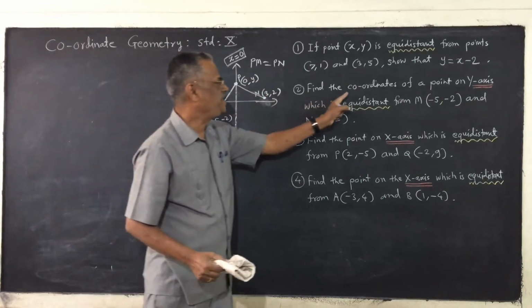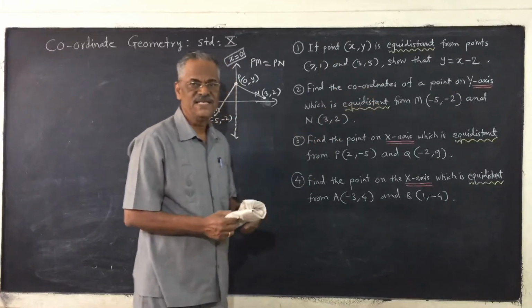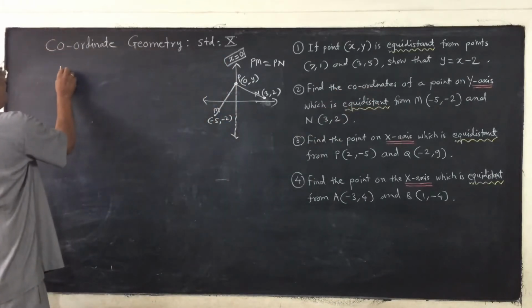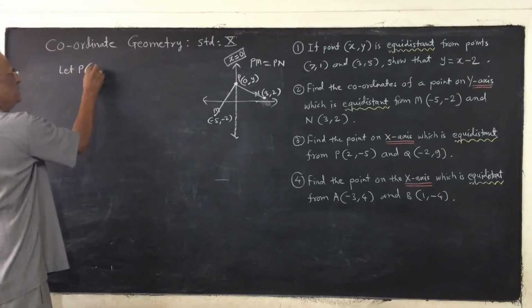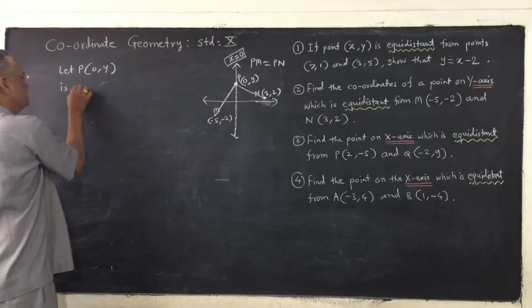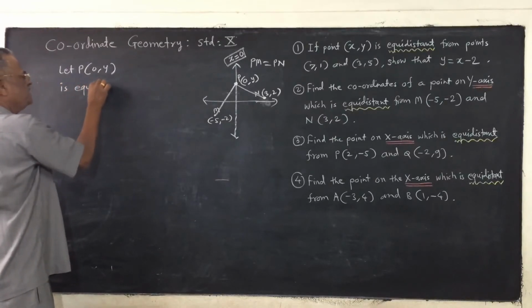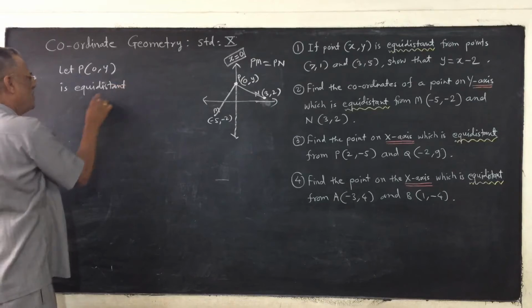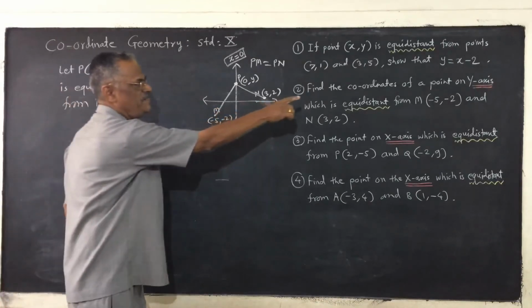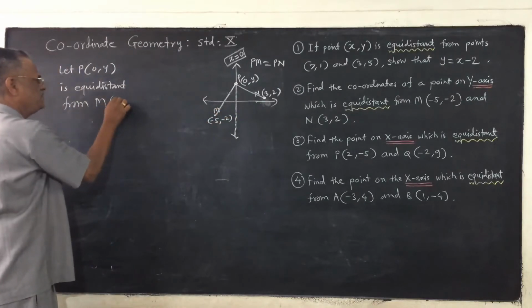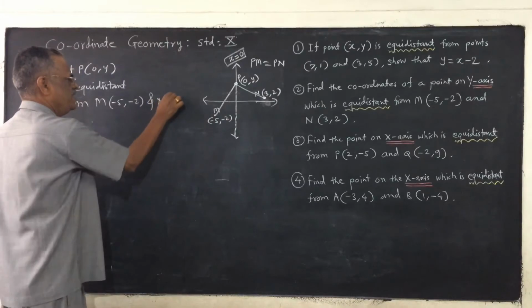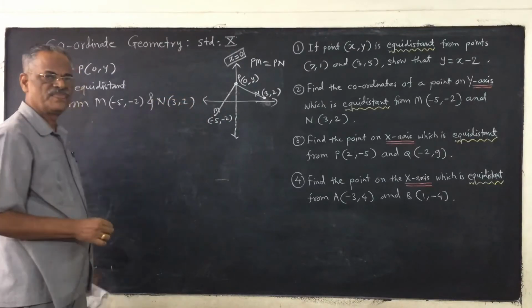So let P be (0, y), equidistant from M, which is minus 5, minus 2, and N, which is 3, 2.